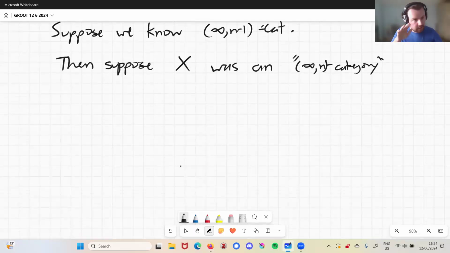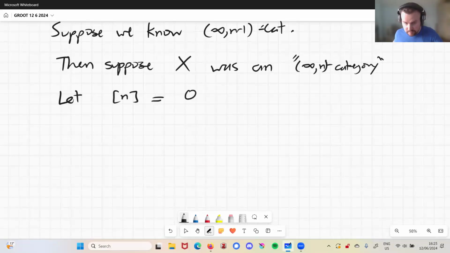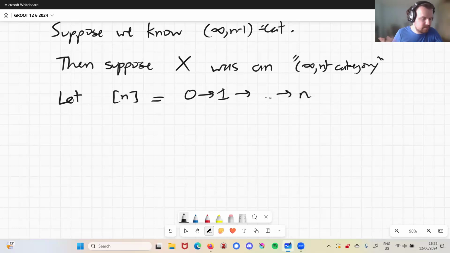All right, this is all interpretation and intuition. These are not theorems. An infinity n category, we're defining that here, right? So if we had an infinity n category for sake of argument, let's reinterpret n, that set, as a category itself from 0, a category of chains of length n, n morphisms, n plus 1 objects, right?